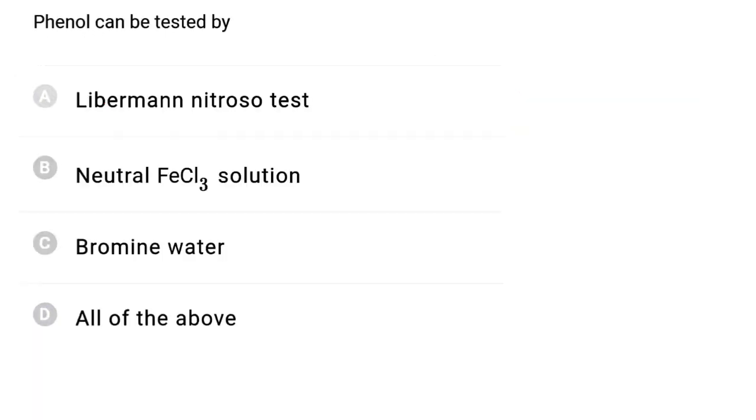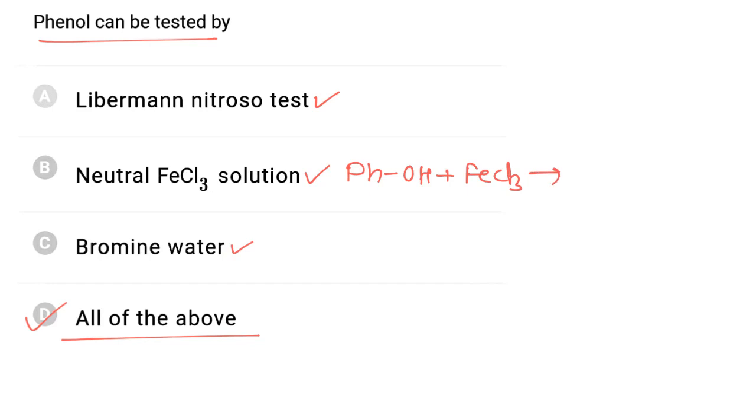In this question we have to find how phenol can be tested. Phenol can be tested by the Liebermann nitroso test, neutral FeCl3 solution, and bromine water test, and hence the correct answer is D, all of the above. Now if a phenol molecule is treated with FeCl3, it will give a colored complex compound.